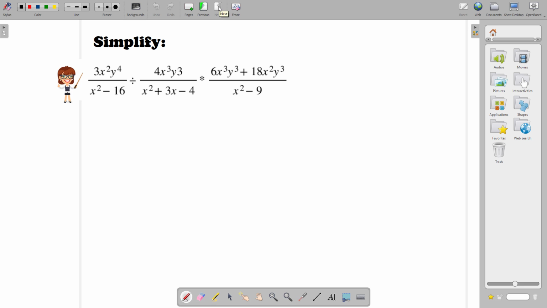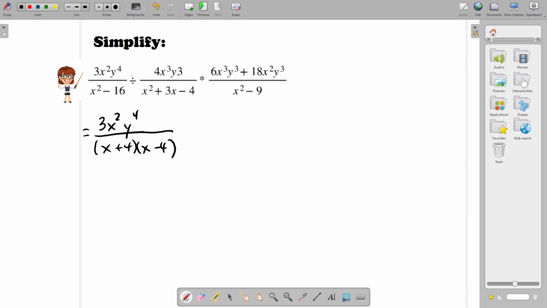Alright, here we've got several things in play. So first of all, I've got 3x squared y to the 4th over, this is the difference of two squares, x plus 4, x minus 4.